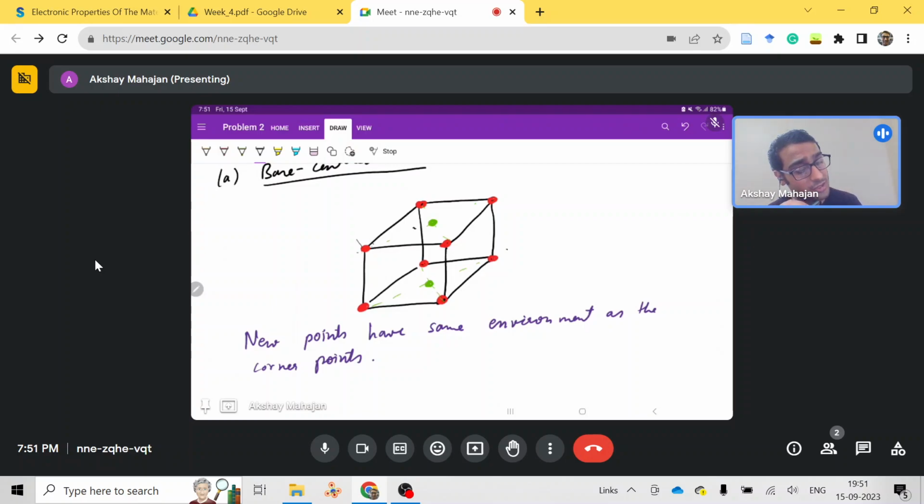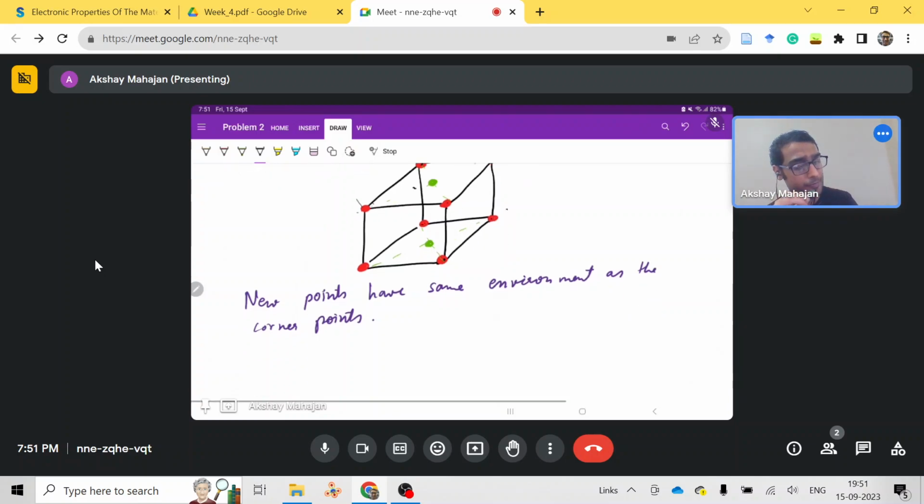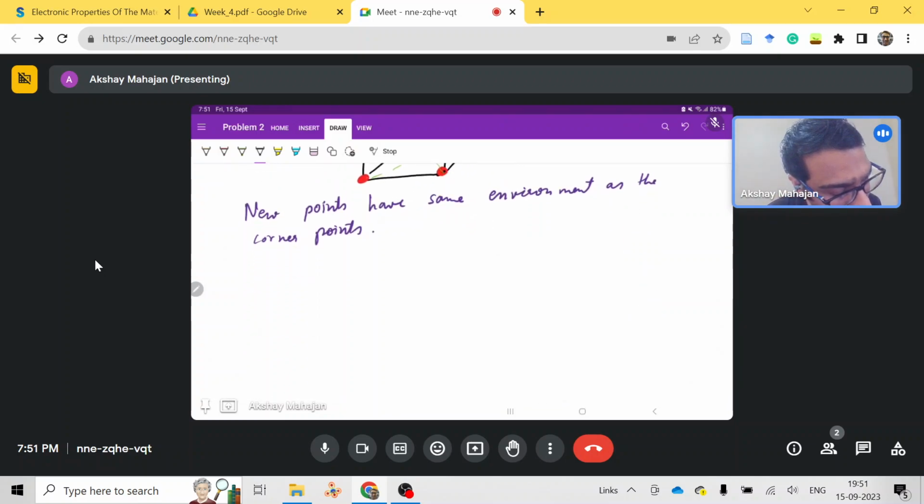At a distance of a, each red point already has one red point, and similarly for the green point, at a distance of a itself there will be another green point, because this distance between these 2 green points, as you can see in the diagram, is also a. Okay, now we will just write it down in words.